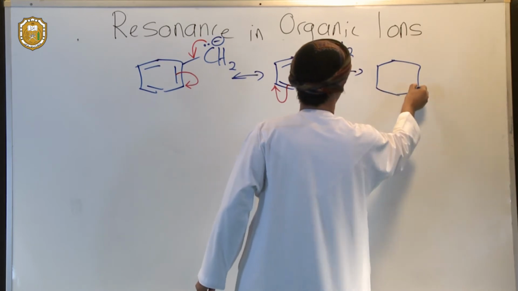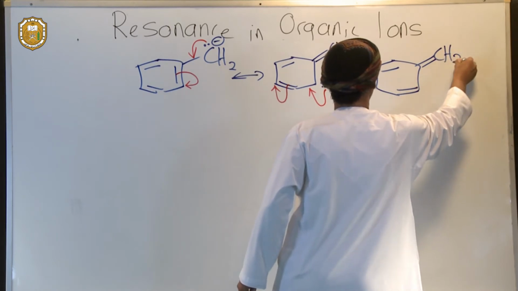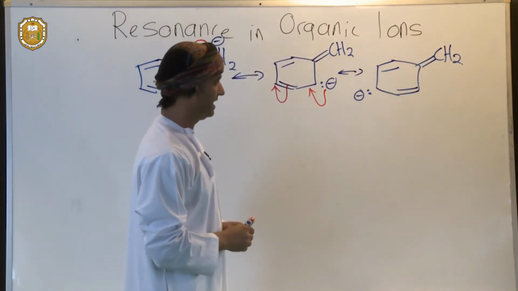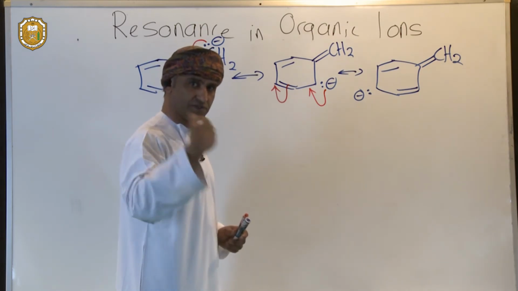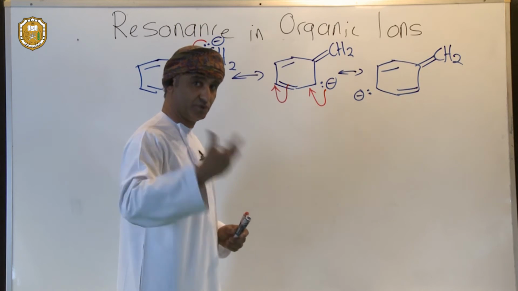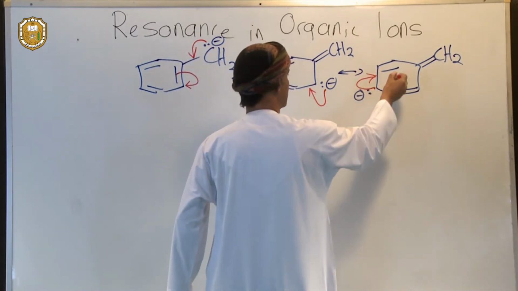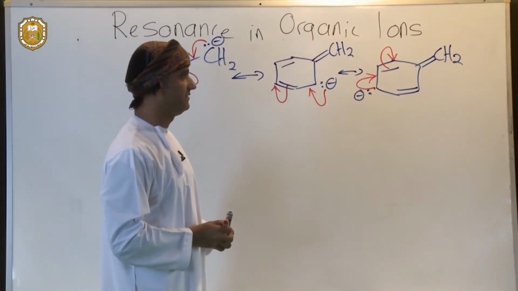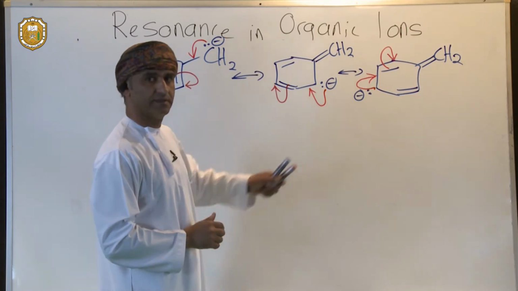So something like that, and we get this carbanion. We can continue to move electrons around using curved arrows. If we do that, we move electrons like that, and then we have to break that carbon-carbon double bond, leaving the lone pair, or the two electrons, on the carbon that's indicated.